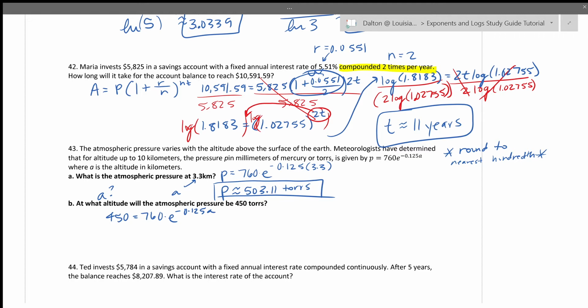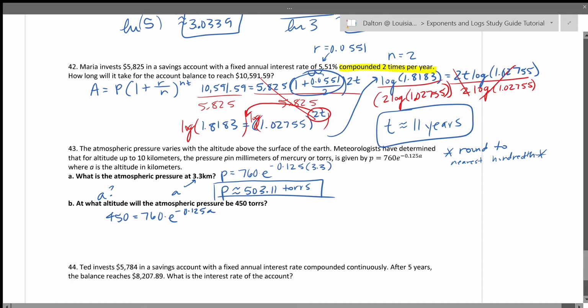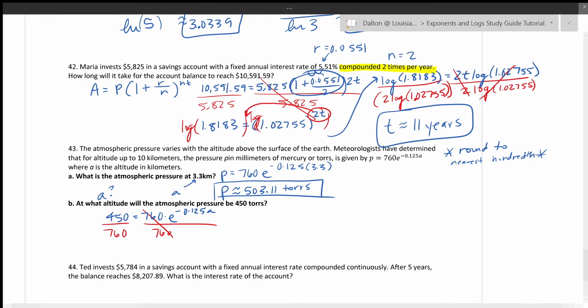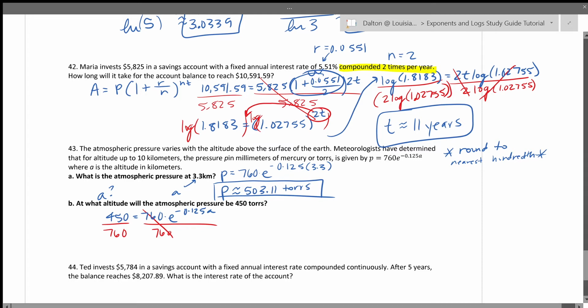In order to get it down, I eventually need to take the log of both sides, or the natural log of both sides. But before I do that, I need to isolate that exponential term. Since it's being multiplied by 760, I'm going to divide both sides by 760, giving me 0.5921 on the left side equals e to the negative 0.125 A power.